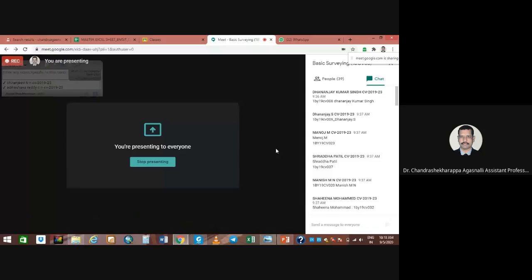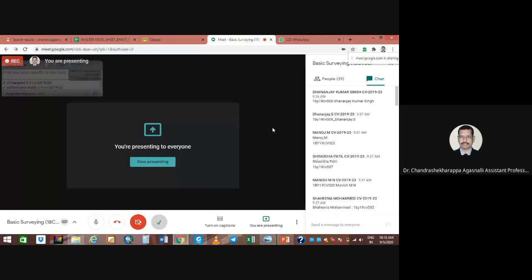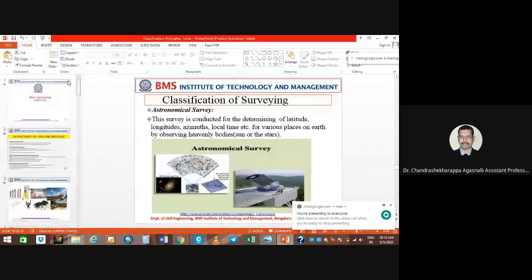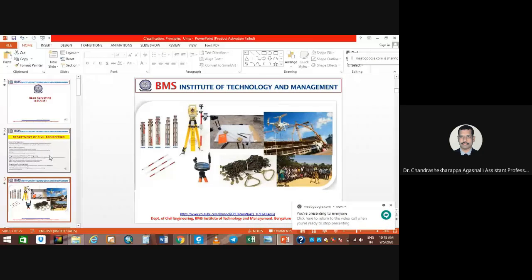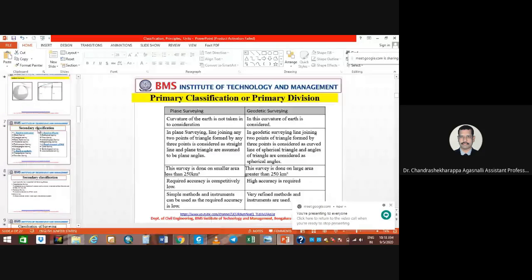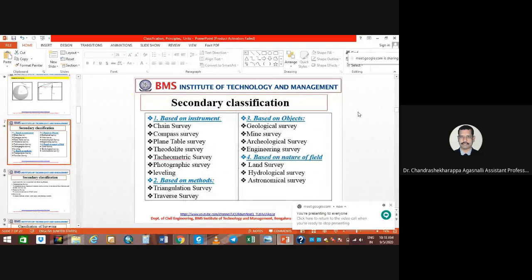Okay, my second question is this. I can show you the picture of this. It would be better for you to classify the things. Okay, right. So here you can see this. If you want to do the survey of a road, which is the best method here?